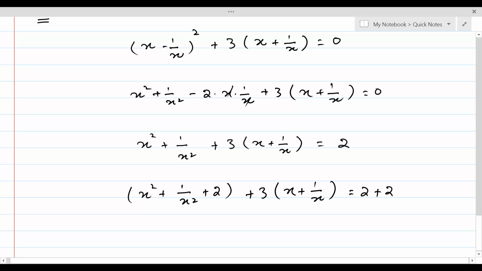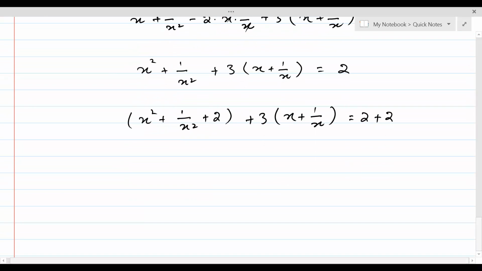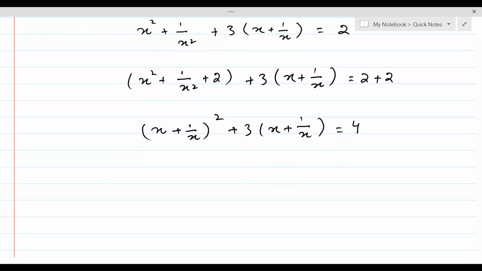The reason we are adding 2 on both sides is because this first group of 3 terms will become the complete square of (x plus 1 over x) whole square, plus 3 times (x plus 1 over x) equal to 4. So that is the magic here.